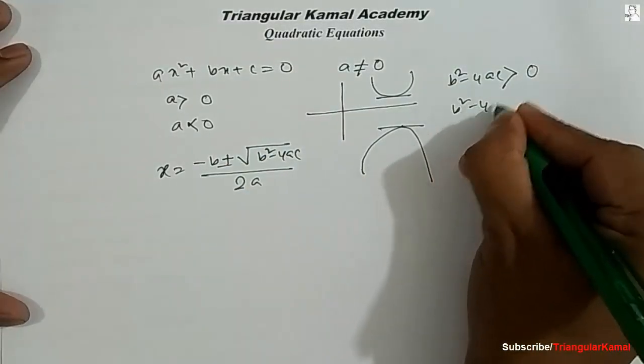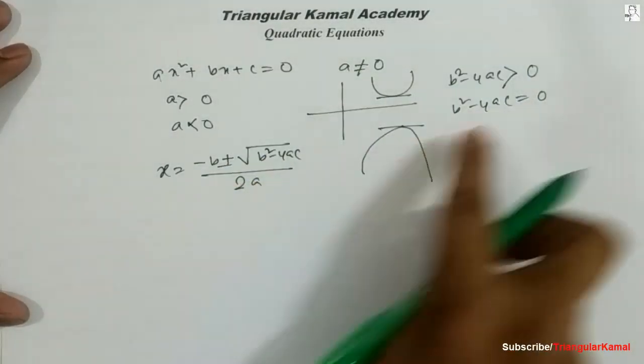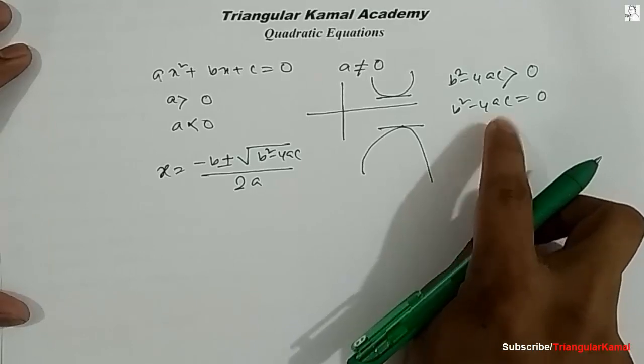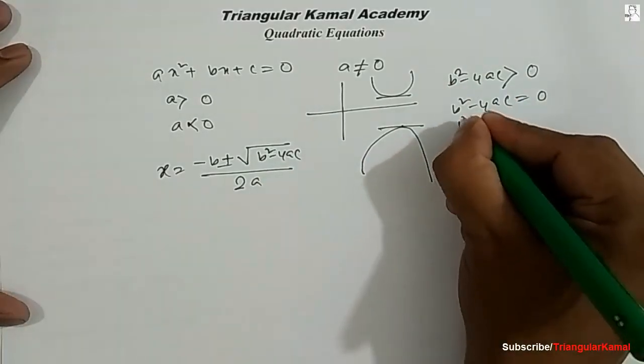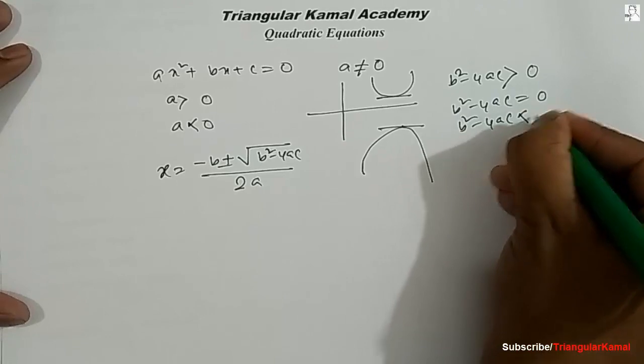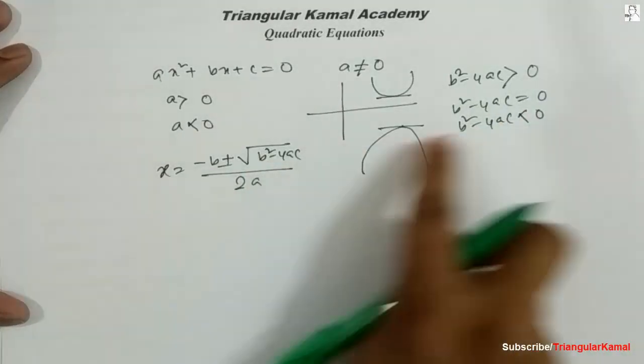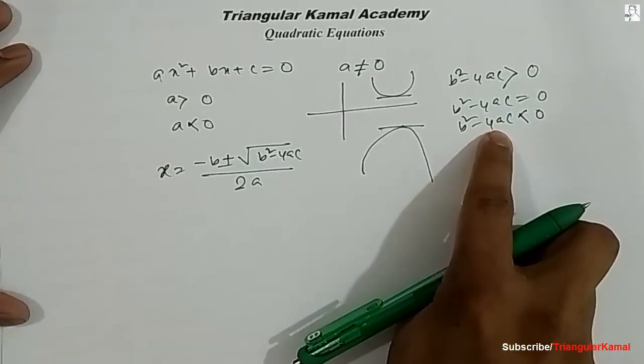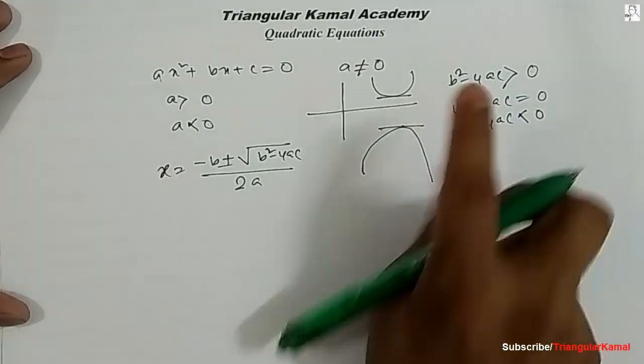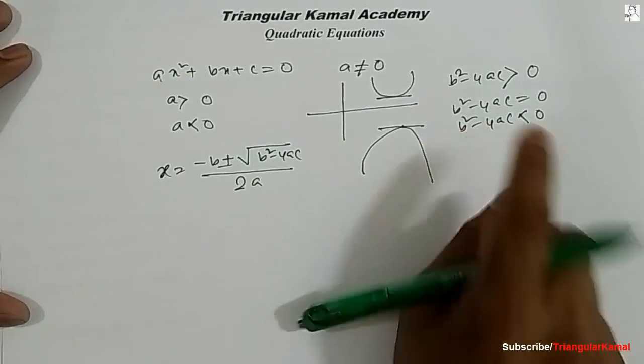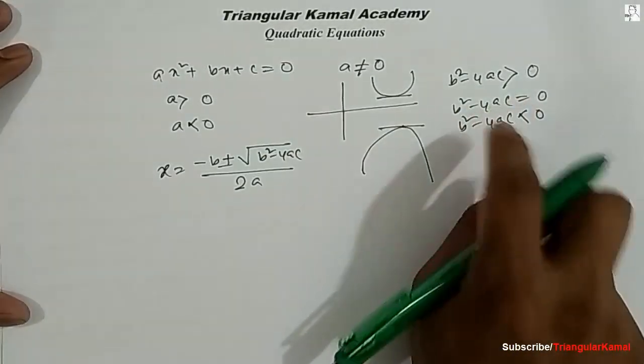When b square minus 4ac equals 0, we get two real and equal roots, that is roots are repeated. When b square minus 4ac is smaller than 0, the square root of a negative number is complex and imaginary. So we get two roots, both complex or imaginary, and the graph never intersects the x-axis.